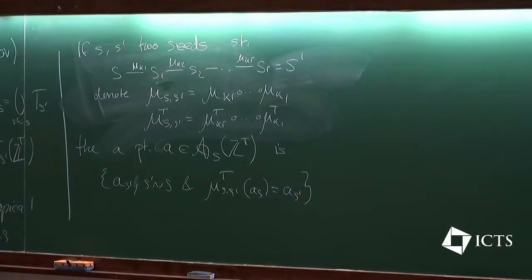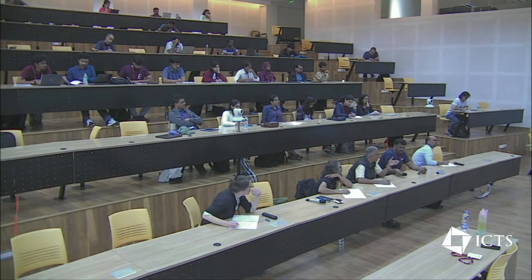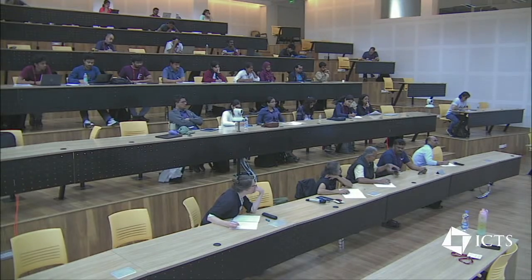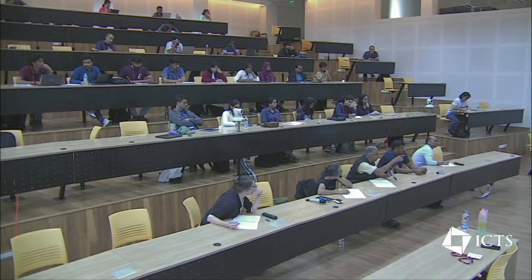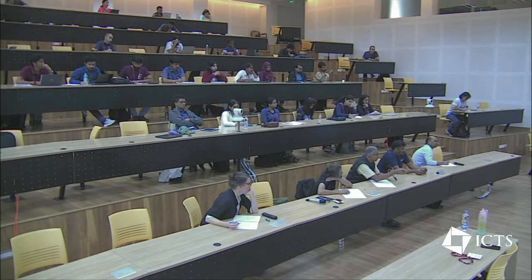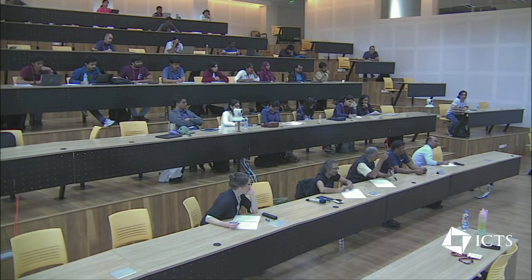Any question? So you're making all these identifications. So suppose I concentrate on one copy of one of these tori. Does it happen that two points in it get identified?